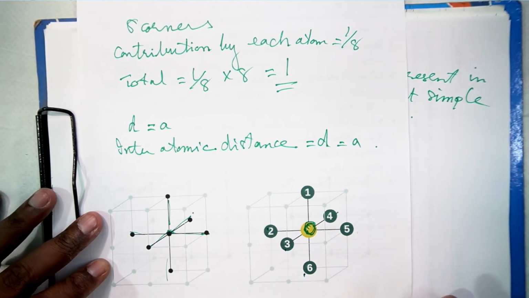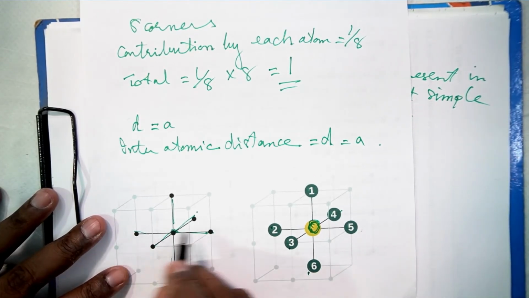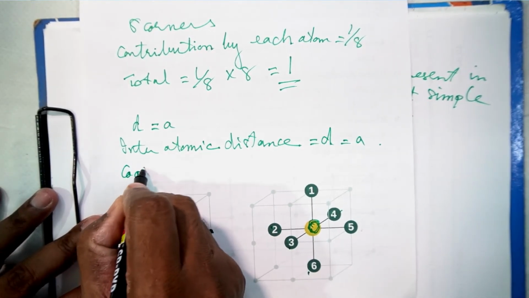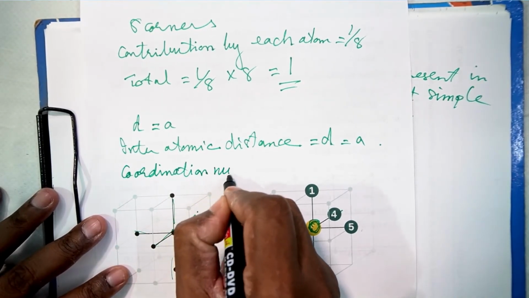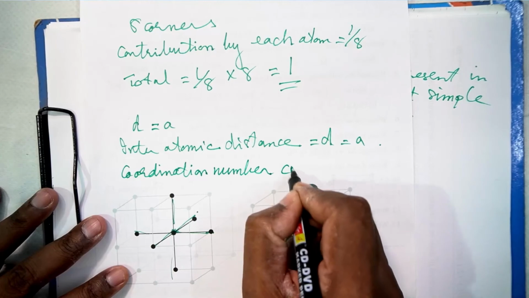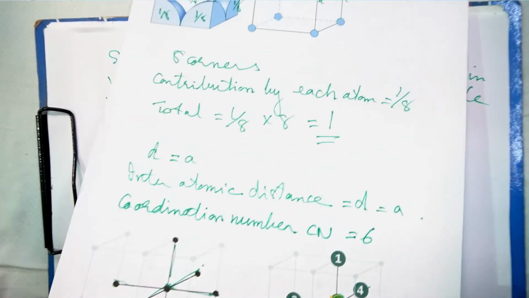There are 6 neighboring atoms in the simple cubic lattice or simple cubic crystal, so coordination number CN is equal to 6. This is about the simple cubic lattice.